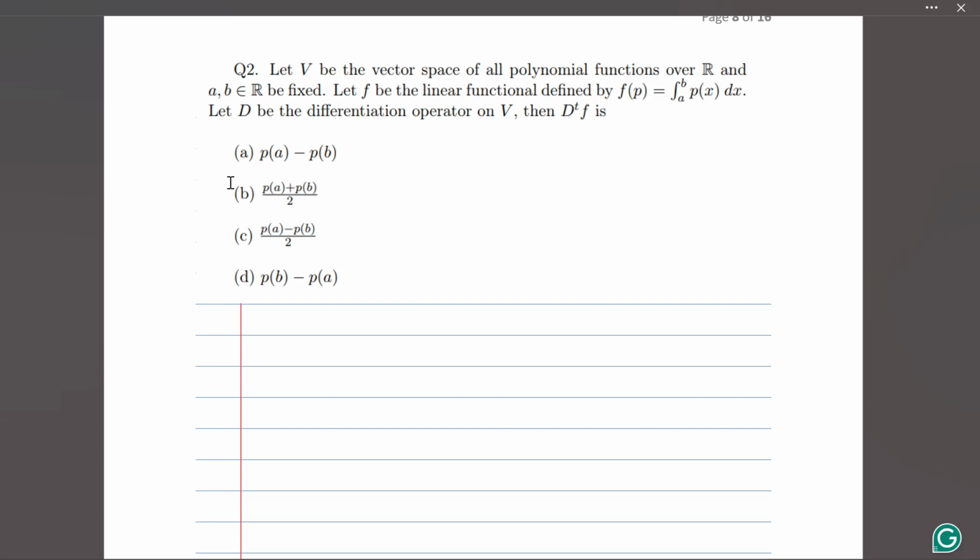Then D transpose composed with F is what? This is also okay. What is F? F is from V to R, and D transpose is from V to V itself, right?